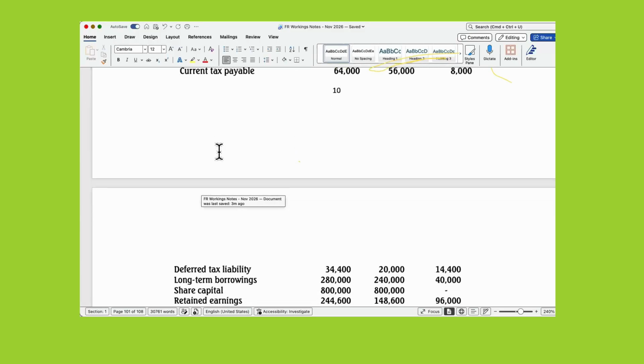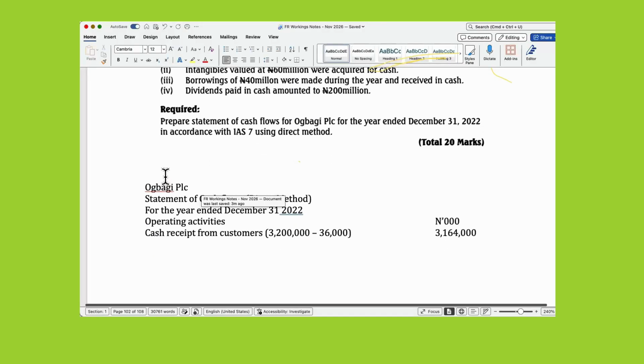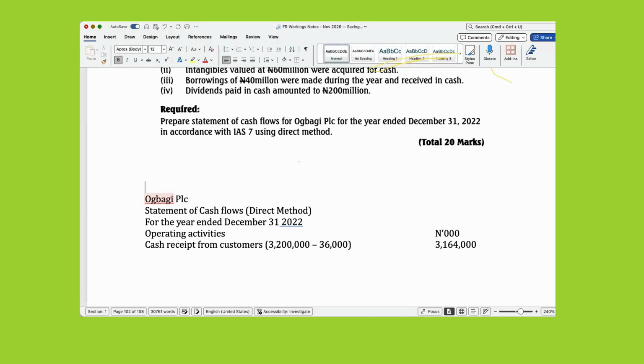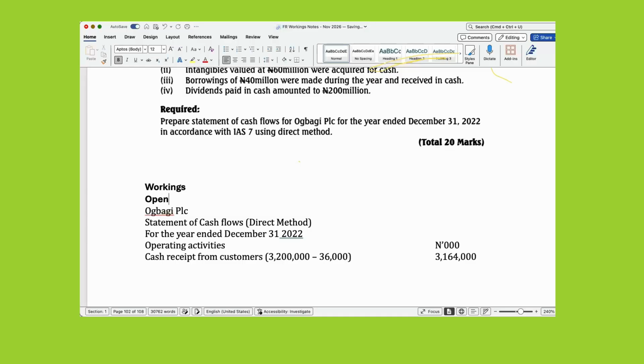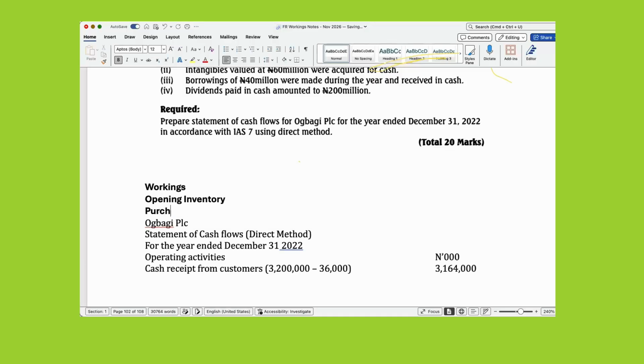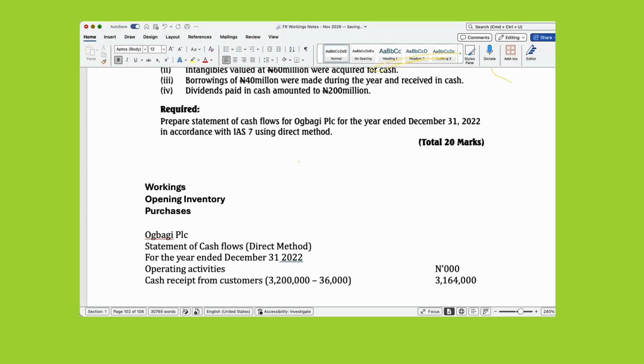Let me show you. How do I get the cash movement in cost of sales? You know that your cost of sales is opening inventory plus your purchases minus your closing inventory. That's how you naturally would get it.